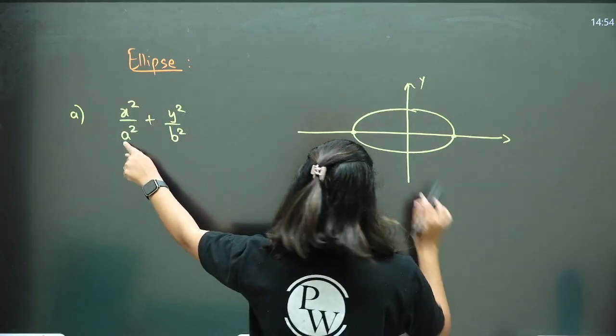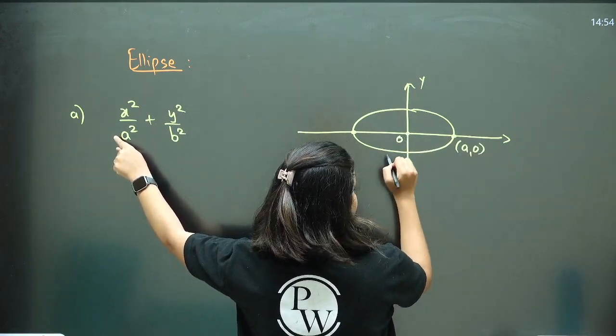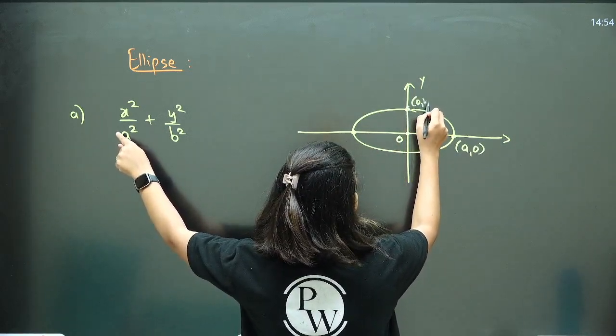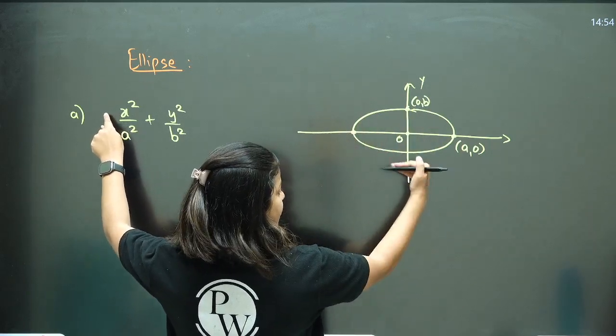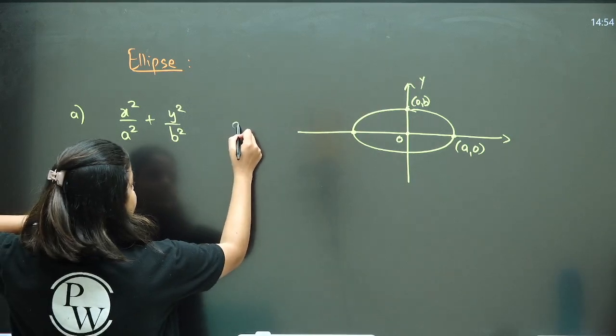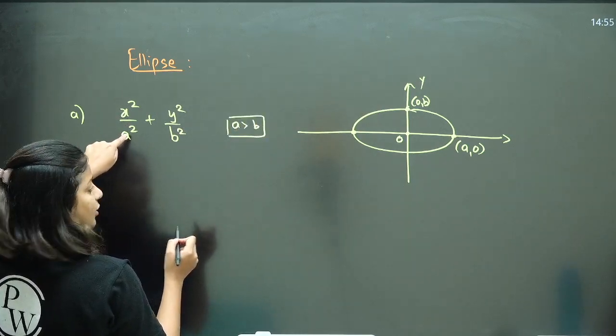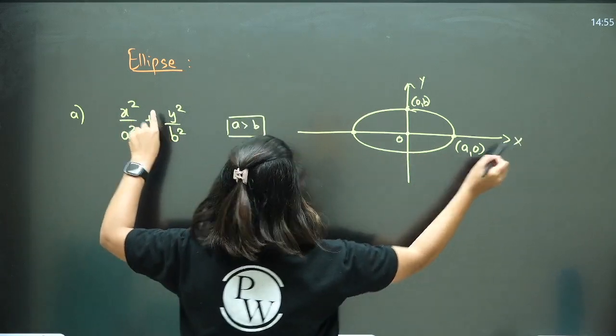Now the major is on x, a comma 0. Standard equation, so center at origin, 0 comma b. On the negative side, minus a comma 0, 0 comma minus b. It's a horizontal ellipse. Why? Because a is always greater than b and a is on x-axis. On x-axis, you have major.